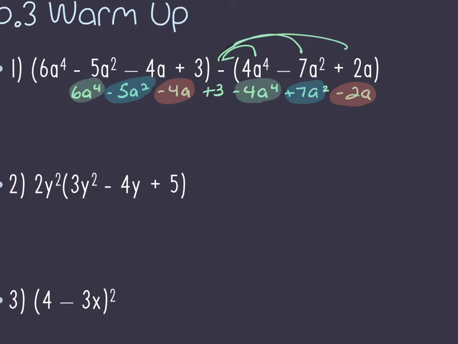So the 6a to the fourth minus the 4a to the fourth would be 2a to the fourth. The negative 5a squared plus 7a squared would be a plus 2a squared. The negative 4a and the negative 2a would be a minus 6a. And then the constant, that's by itself, plus 3.